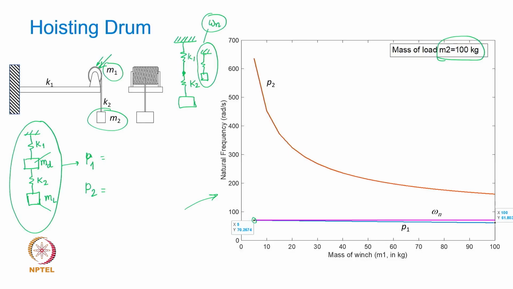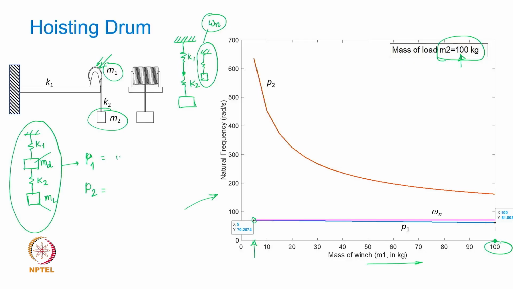Okay, just to know in what way the characteristics change as we keep on increasing the mass of the drum, higher and higher till it reaches the mass of the load being lifted. Okay, so what you see here is, on the x axis I am plotting the mass of the drum or a winch till the value of that drum mass reaches 100 kg, same as the mass being lifted, that is 100 kg. Okay, let us first look at this point.